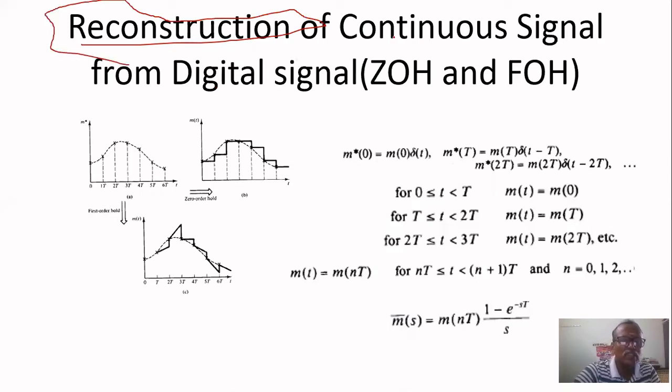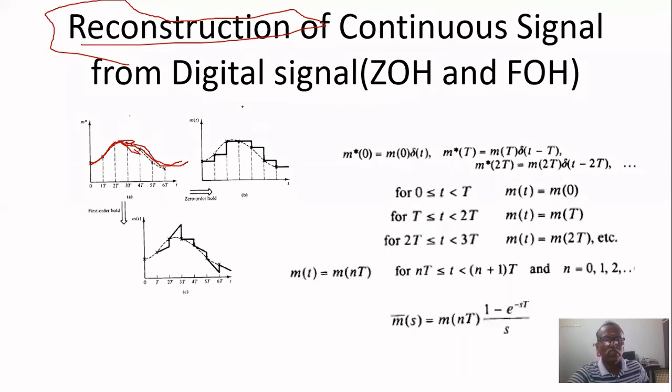If you want to reconstruct, what we have to do is connect all the points. If you smoothly connect all points, you will get the signal. Red is the original signal, which is sampled. How can it be reproduced?